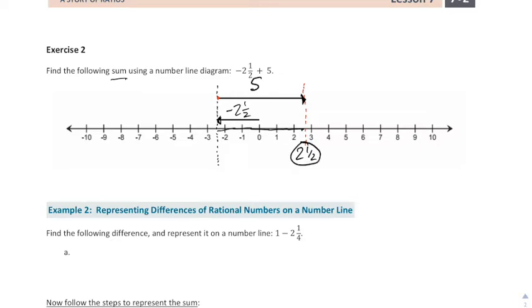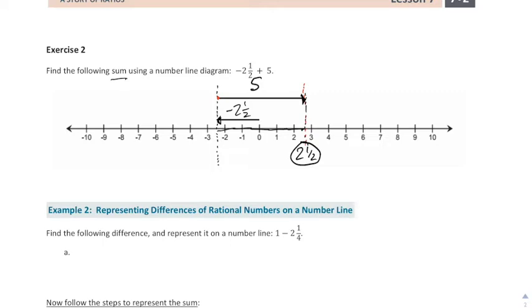And I circle my answer. The fact that it's so hard to see exactly where that is on a number line can remind us of the utility of using the rule rather than using a number line to find sums and differences.